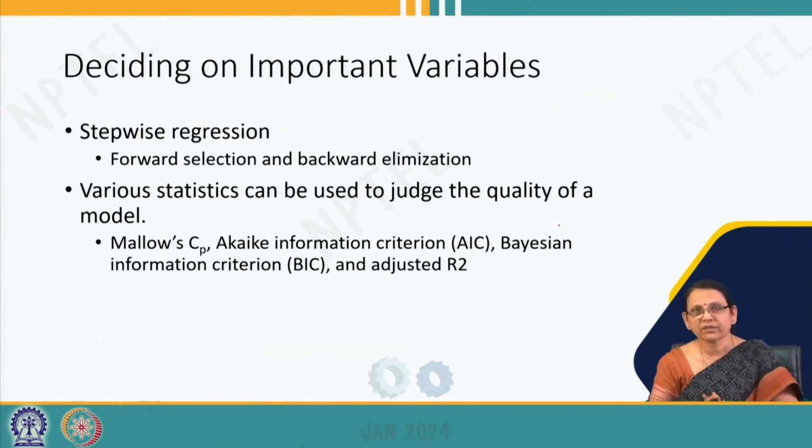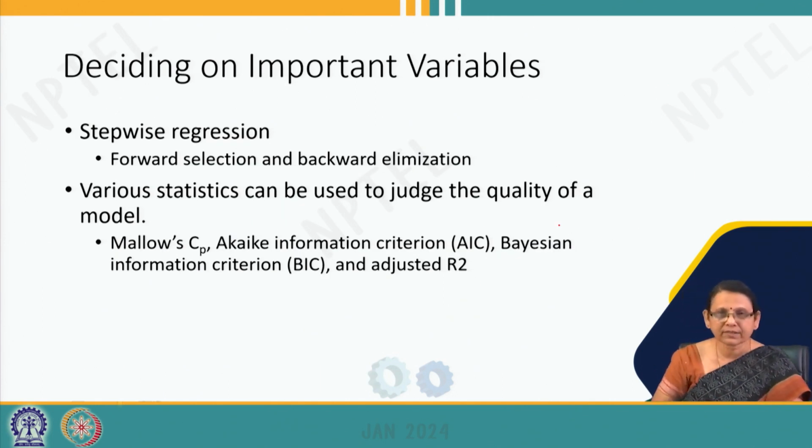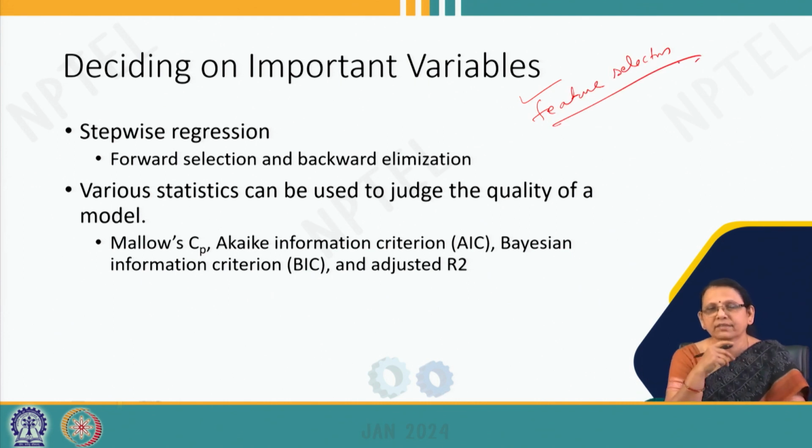So, the next question we asked: how do we decide the important variables? We can decide on important variables by feature selection, and many feature selection methods we have already studied, but with respect to regression, particularly we have talked about stepwise regression.